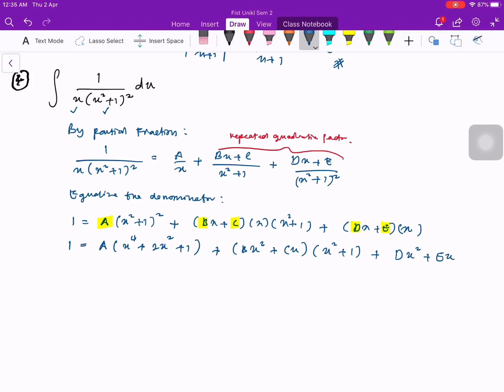Okay, then saya simplify lagi. So yang ini saya expand A, so saya akan dapat Ax to the power of 4 plus 2Ax squared plus A, and then this one saya expand lagi.